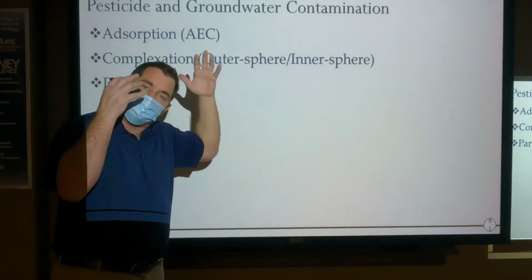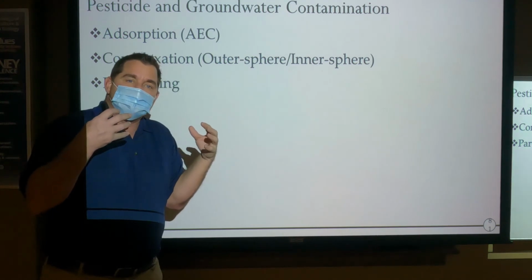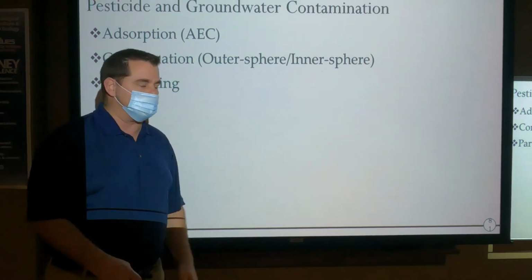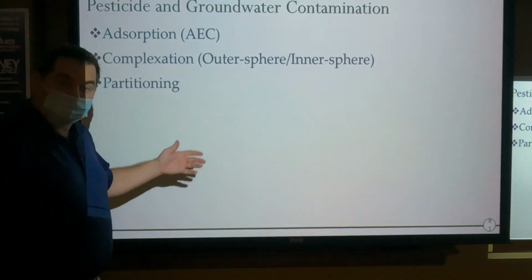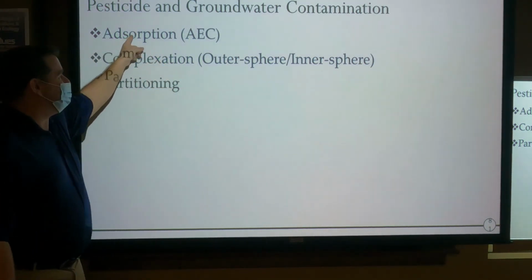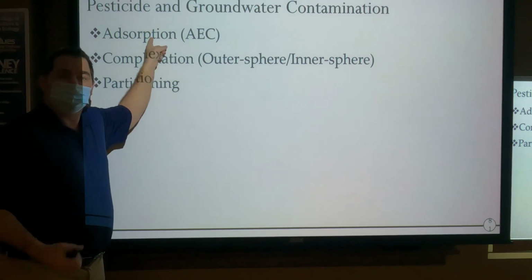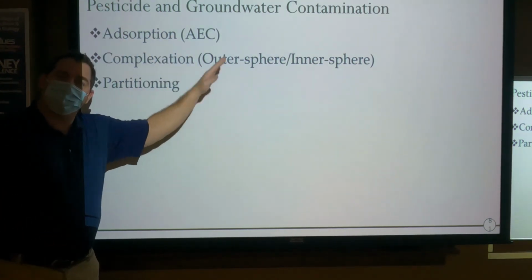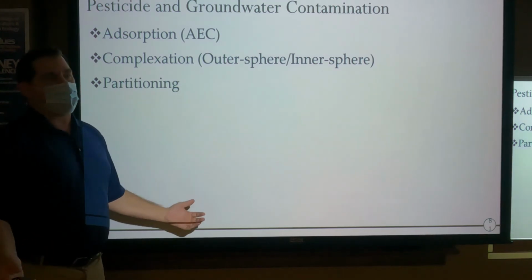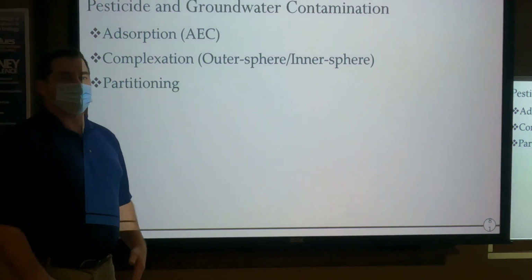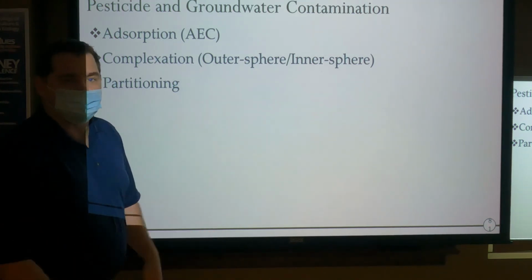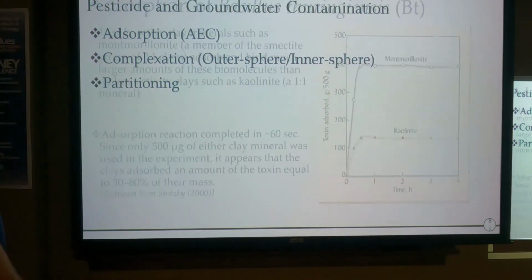Just understand that as our pH increases, our CEC will increase, and as our pH decreases, our AEC will increase. So it's important to understand what chemicals you might be putting out and how the CEC and the AEC might affect the efficacy of those chemicals.